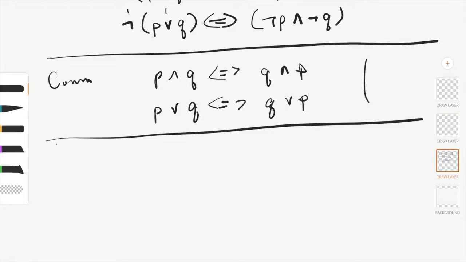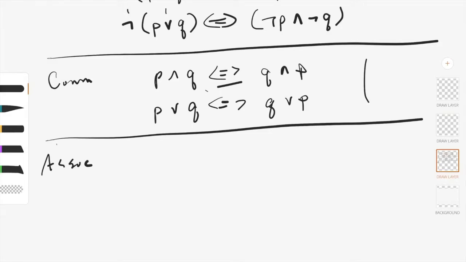These two are demonstrably not equivalent, or rather, they are not logically equivalent expressions on either side of this symbol, which you can prove with a truth table. And by the way, I encourage you to construct truth tables for all of these expressions and prove this for yourself, because it's really good practice for constructing truth tables. Next we have association.